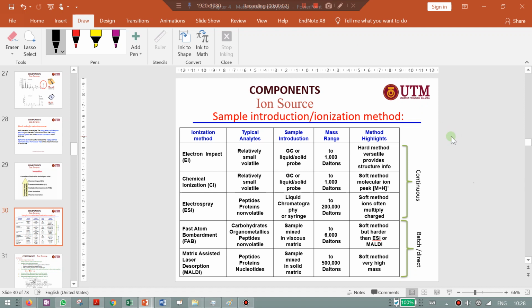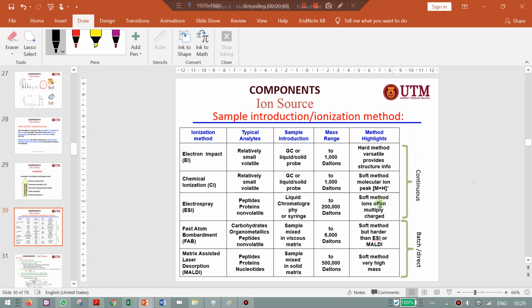Here we will learn about sample introduction and ionization methods in detail. We will compare the ionization method to its typical analyte, sample introduction, the mass range it can cover, and the method highlights. As we can see here, electron impact, chemical ionization, and electrospray ionization are related to or combined with continuous sample introduction, which we already learned before.